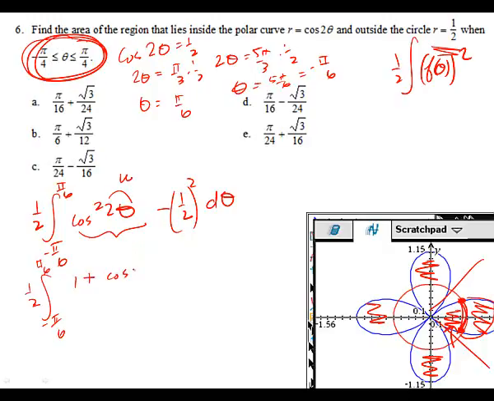So my u is 2 theta, so I would use 4 theta, and then it's all divided by 2, right? Instead of dividing by 2, I'm going to split it up into 2 fractions. Okay, and then minus 1/4 because we're squaring the 1/2. All right, so before I go to integrate that, what's 1/2 minus 1/4?